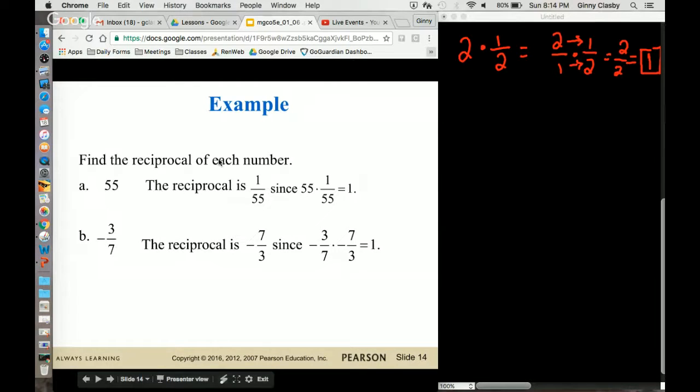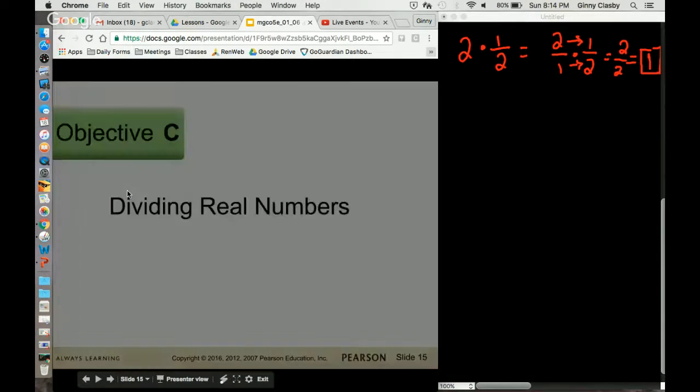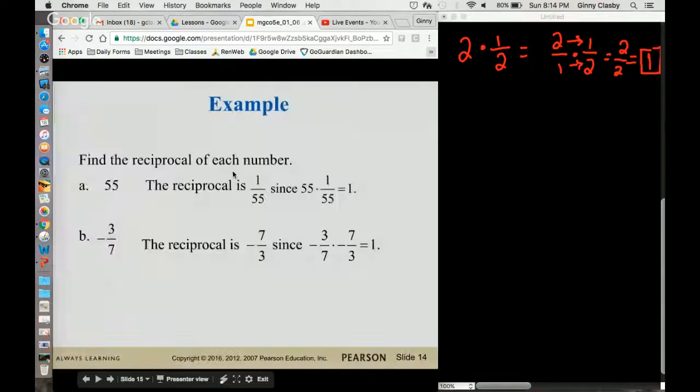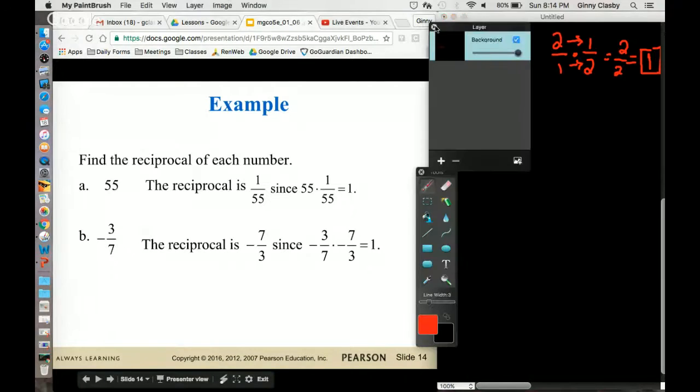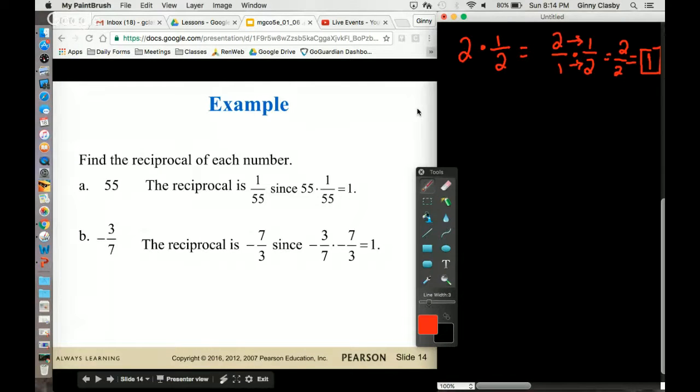Okay, so the reciprocal of each number. The reciprocal of 55 is 1/55. The reciprocal of -3/7 is going to be -7/3. So what you're doing is you're looking at these and going, all right, where is the 1 in this situation? In the situation of 55, another way you can write 55 is 55/1, right?